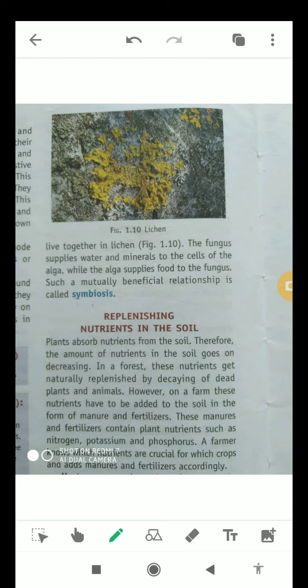These manures and fertilizers contain plant nutrients such as nitrogen, potassium and phosphorus. And as I told you, the farmer knows which nutrients are important for which crop, and accordingly adds them to the crops and soil. Now the next slide.